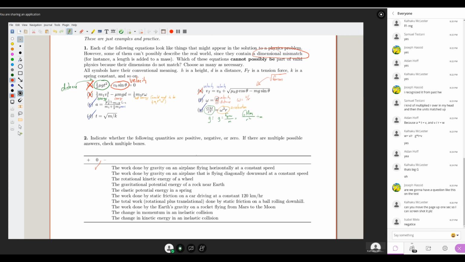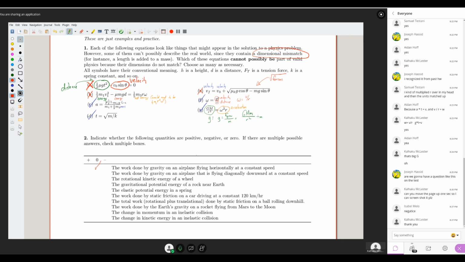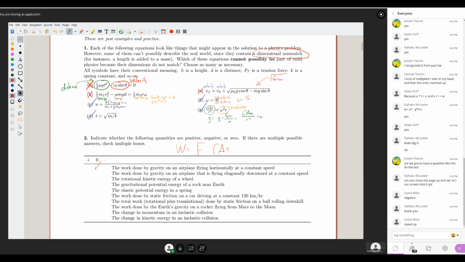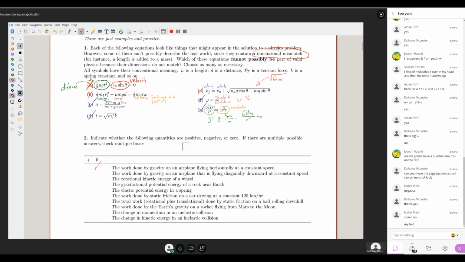Is gravity in this case trying to speed the airplane up or trying to slow it down? So remember, work is force times the displacement parallel to that force. Yeah, it's making it speed up. So yeah, no worries, Isabel. So this one is positive.